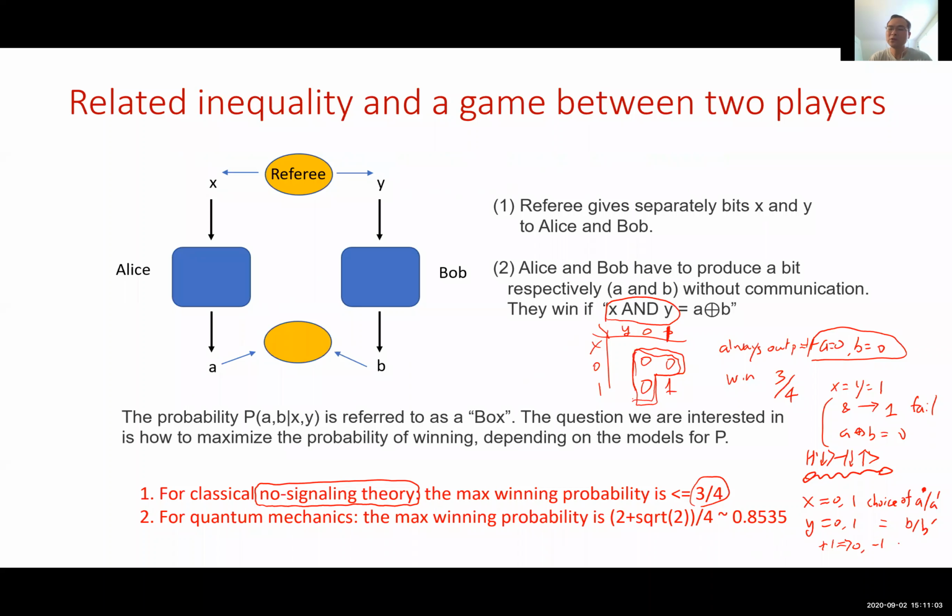If it's -1, you output bit 1. It turns out that you cannot win 100%. You only win about 85%. This square root 2 is related to the 2 square root 2 in the Bell inequality.